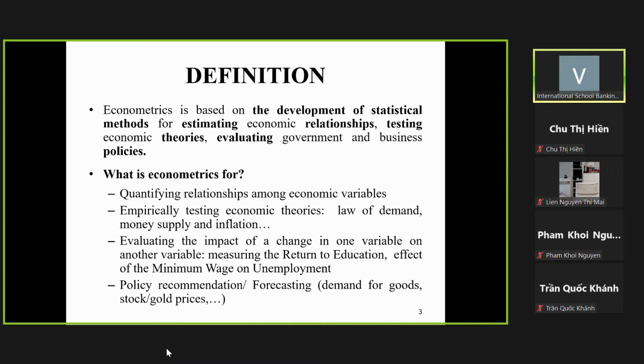That means you can set up an econometrics model to quantify the relationship of variables, and you can evaluate the impact of the variables on the other variables, and then you can provide the policy suggestion based on the estimated results you get.